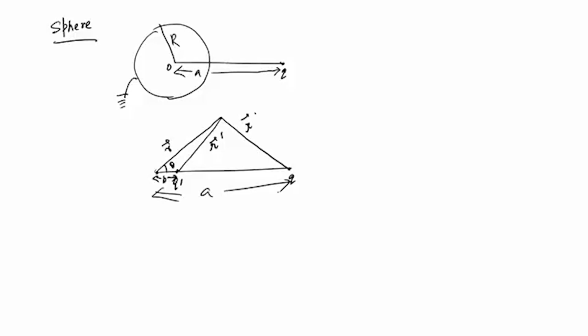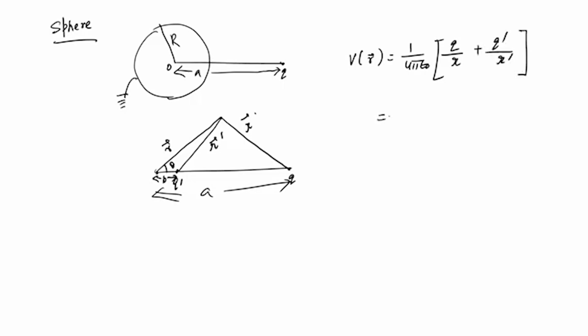And if you again write down V at some r, it is 1 by 4 pi epsilon 0, q over r plus q prime over r prime.